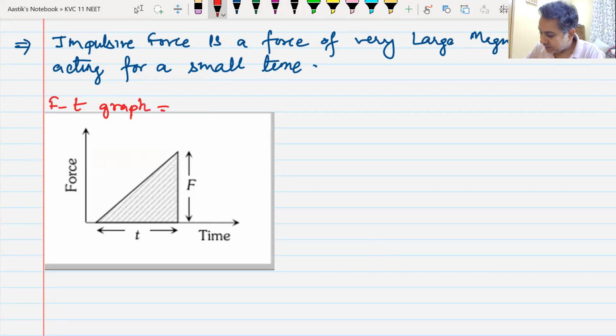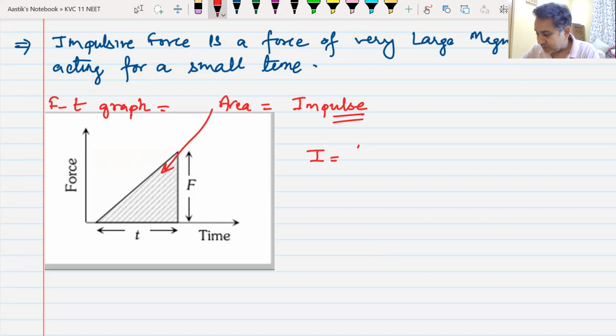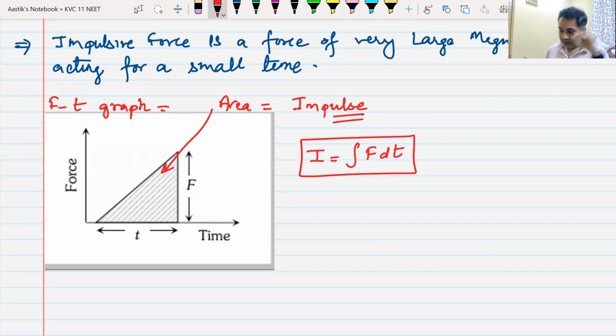The area under the force time graph gives us the impulse. Why does it give us the impulse? Because impulse is the integral of F dt. Integration means area of the graph. Therefore, the area under the force time graph will always give us impulse, or you can also call it change in momentum.